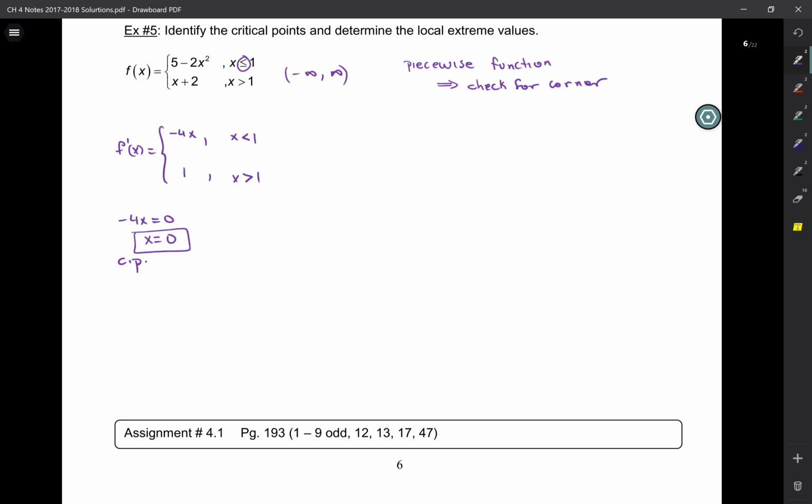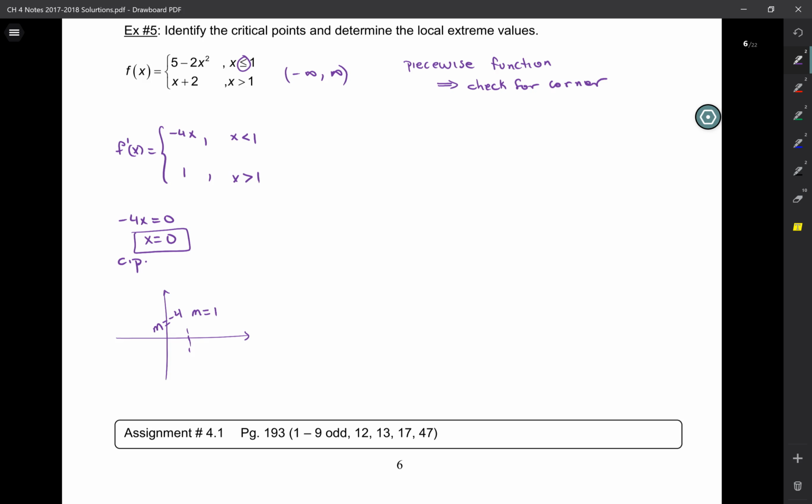Now, at x equals 1, to the left of it, the slope is negative 4x, right? So when you plug 1 in there, what's the slope? M equals negative 4 below it. What's the slope right after it? M equals 1. So the function is changing at x equals 1.